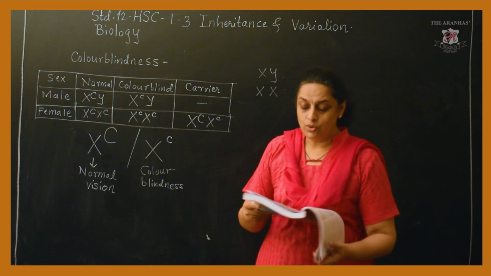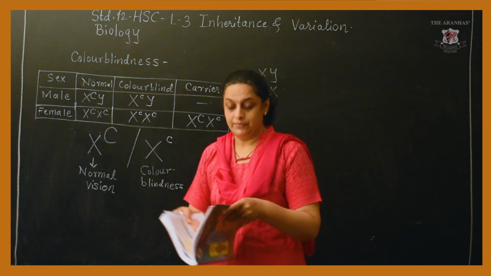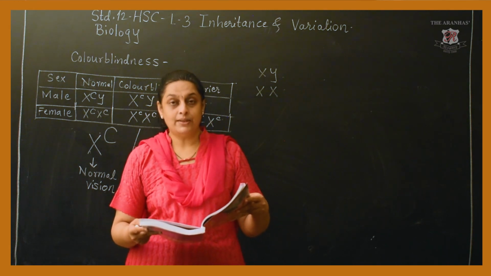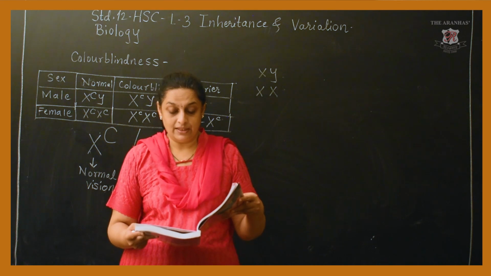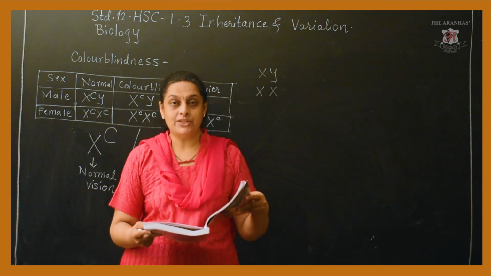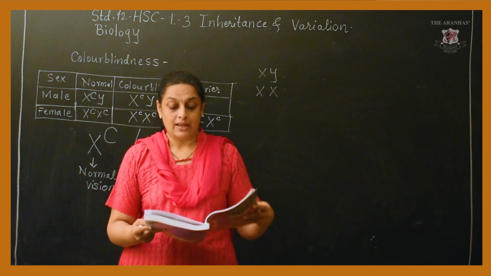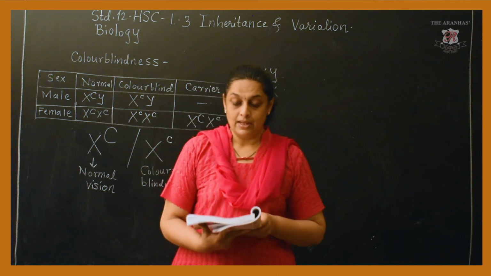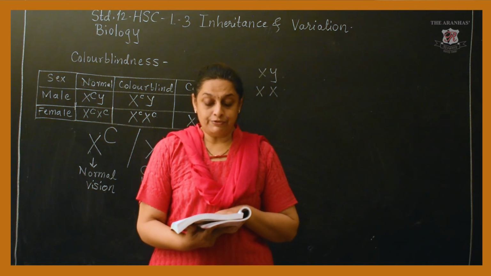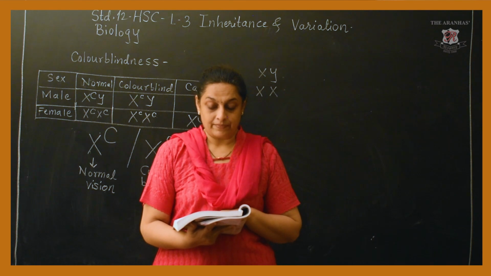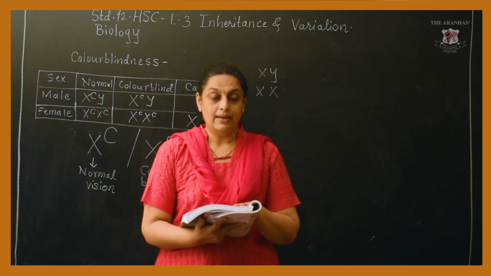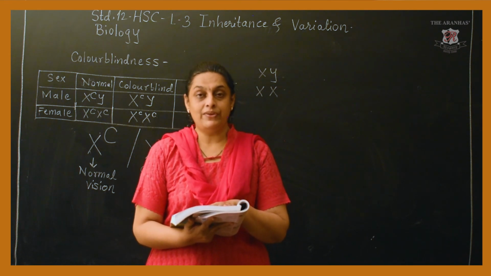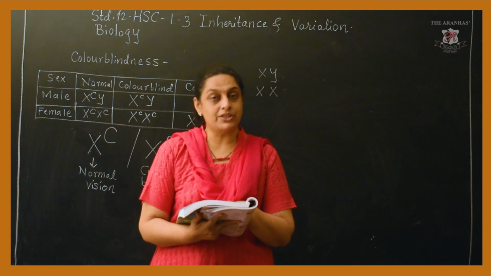Now, all of you open your textbook and we will see the two tables given in the textbook on page 63. Quickly open your books. In the first cross, you will see that the male individual is colorblind and the female has normal vision.